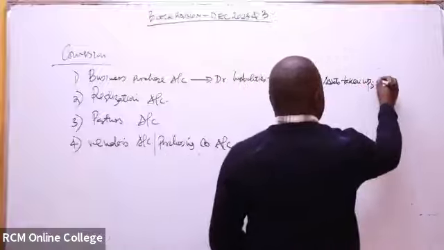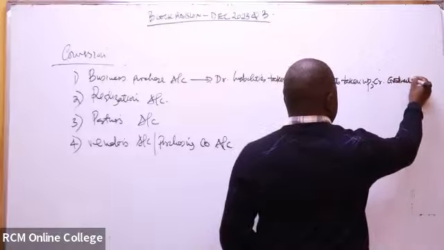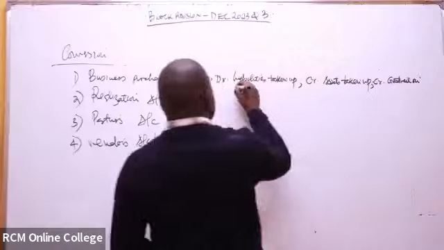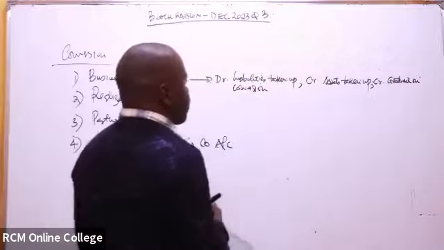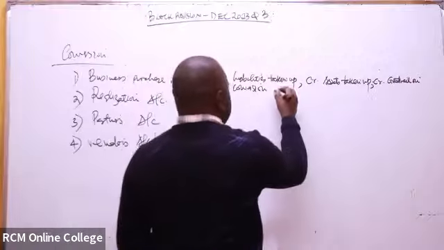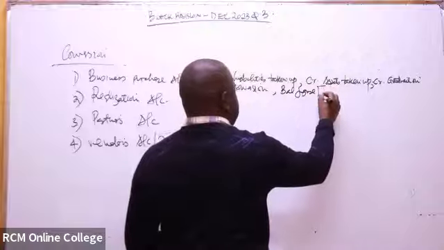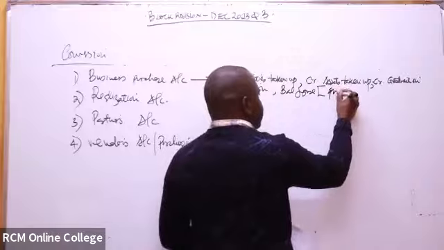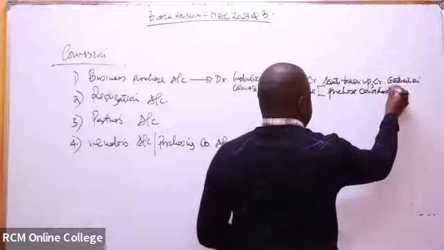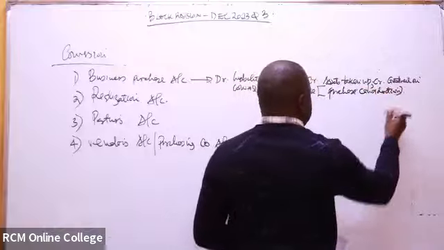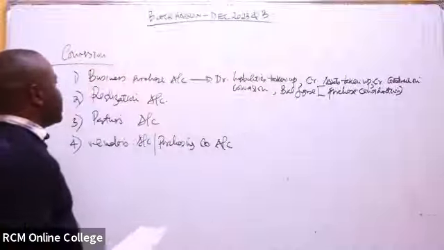Then you can also credit goodwill on conversion. So the balancing figure in this case is the purchase consideration.